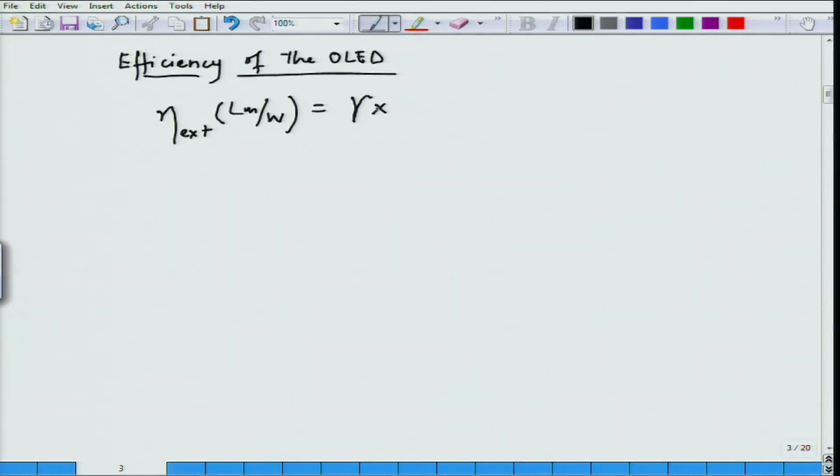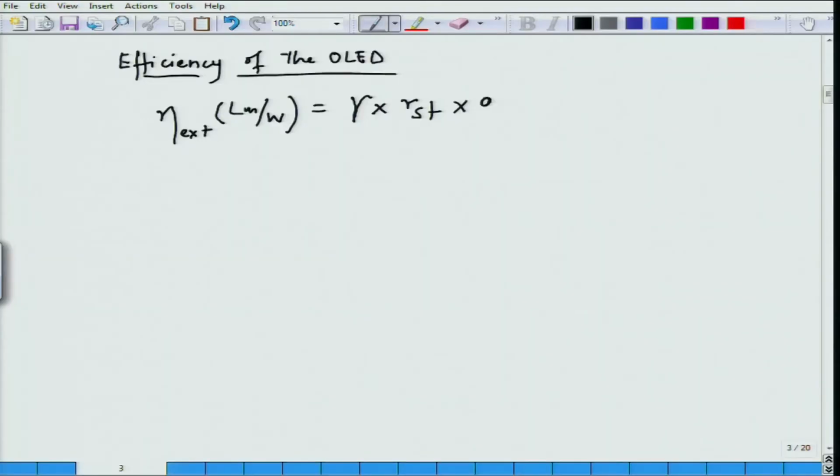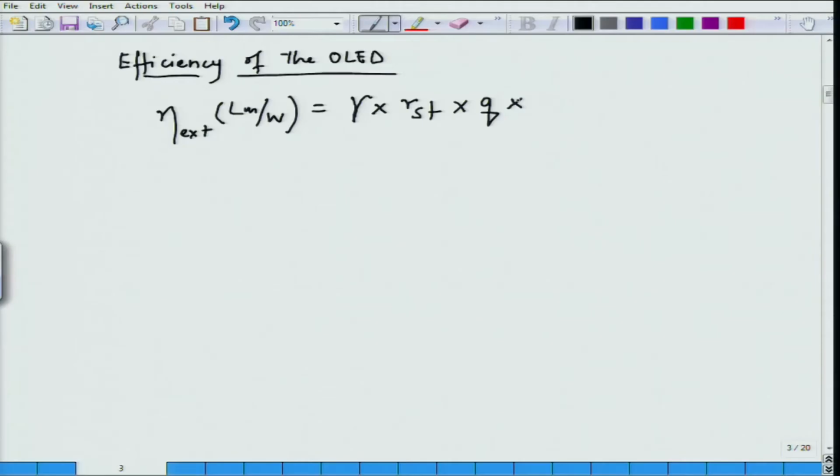Then the ratio of singlet to triplet, which I will explain a little later, will define how many of those excitons are going to give you light out. Then finally, quantum efficiency of an exciton, whether the light is given as an emissive radiation or a non-radiative emission, is going to decide the final efficiency. And finally, the efficiency of the out coupling, because whatever light is generated in the device, it has to come out of the device.